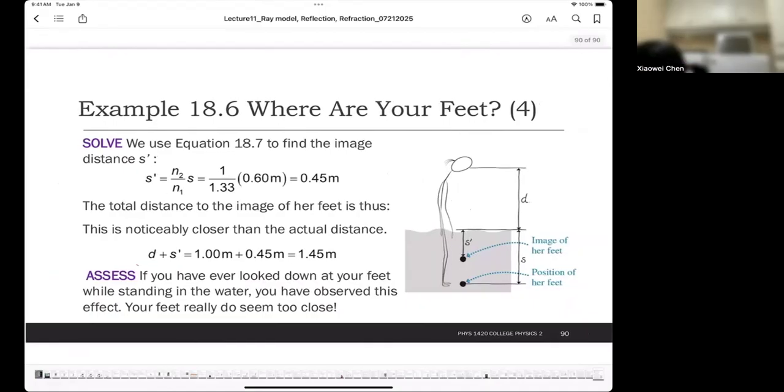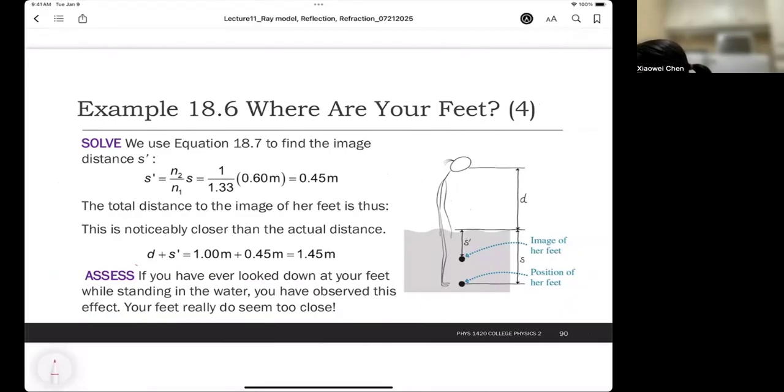We use equation 18.7 to find the image distance s' here.